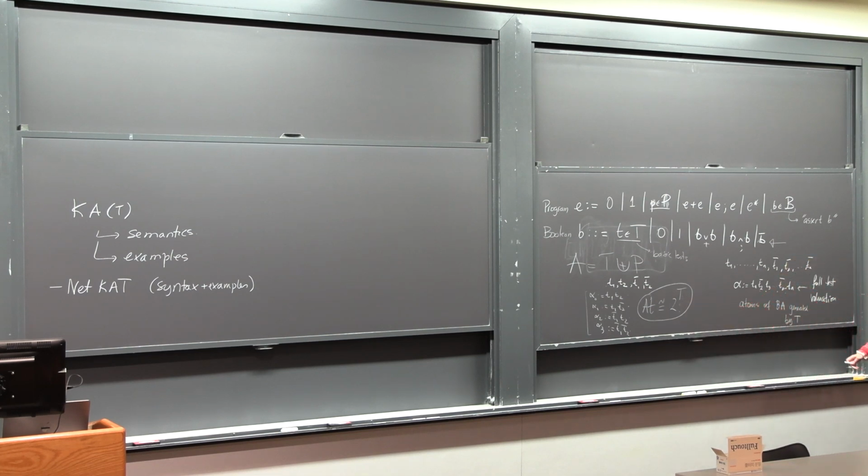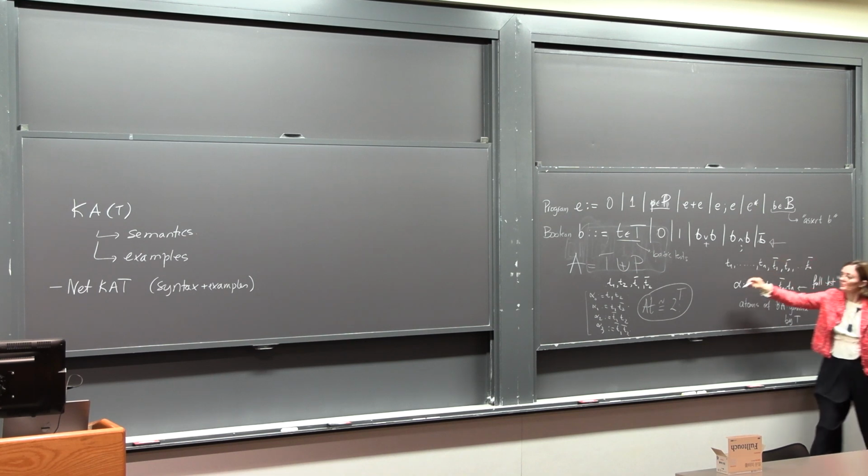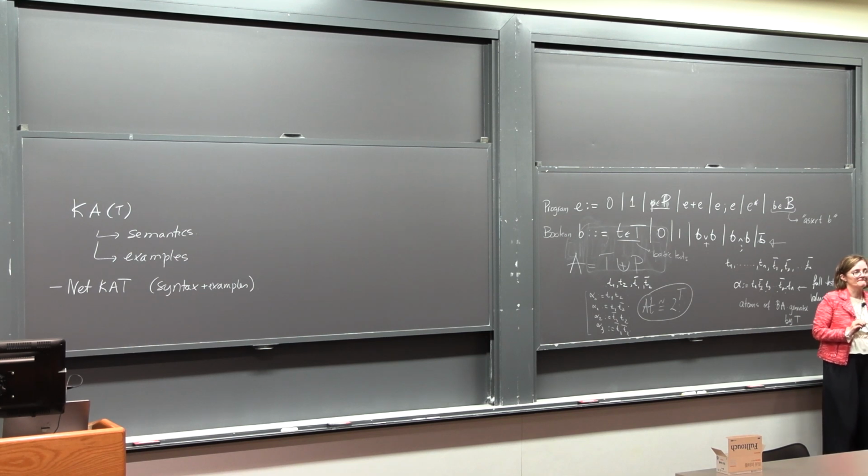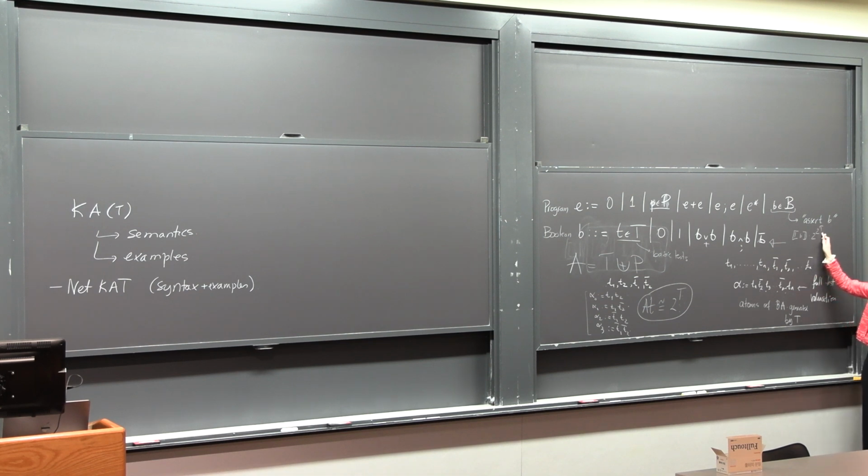Okay, so now we know that the semantics of anything in here will be a set of atoms. So the semantics of a Boolean is a set of atoms. So it's a set of sets of these. Why?